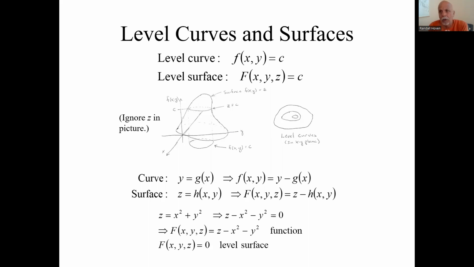The first thing we need to talk about a little bit ahead of time is this idea of a level curve or level surface. Let's say, so I can draw it, I have a function of just two variables, x and y. So for each point in the xy plane, I get a value of the function, and all those values constitute some kind of surface.